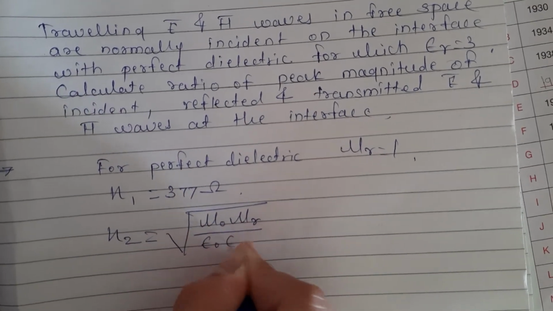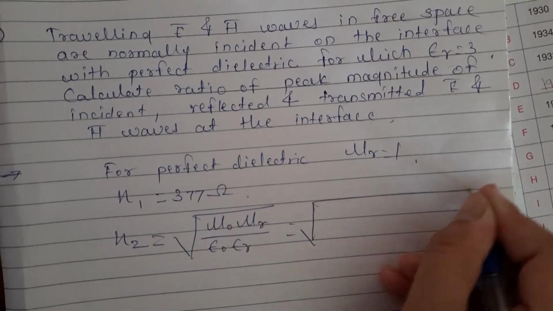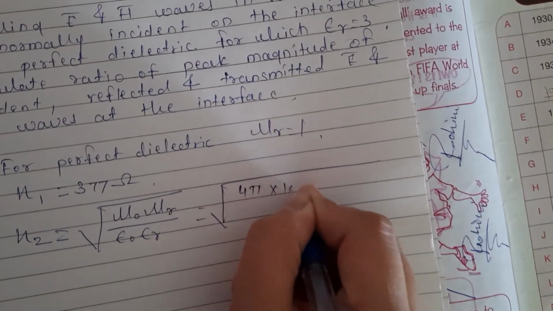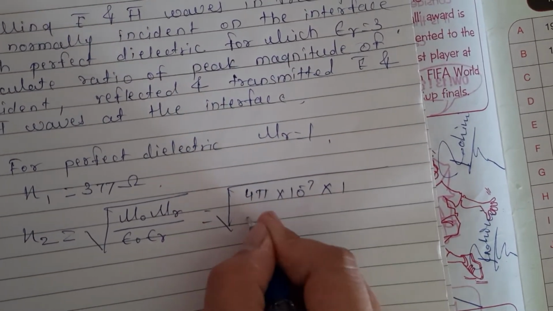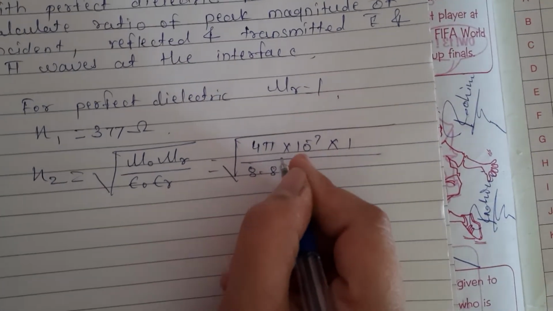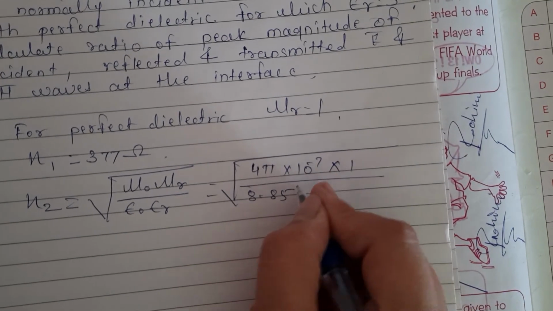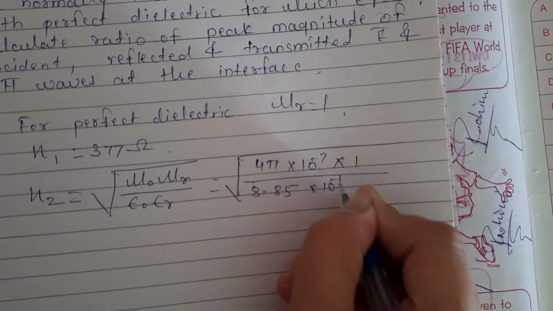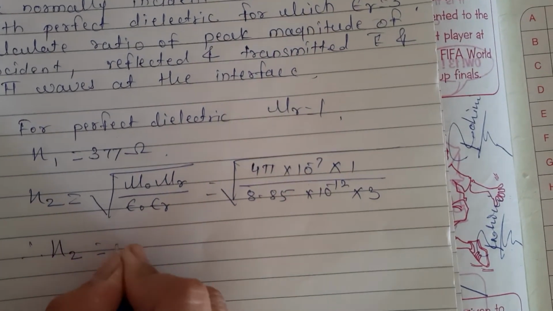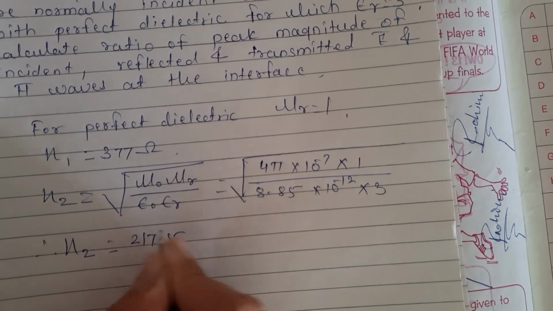It is the square root of mu 0 by epsilon 0 epsilon r. So it is 4 pi into 10 to the minus 7 into 1 divided by 8.85 into 10 raised to minus 12 into 3. So the value for this intrinsic impedance is 217.5.